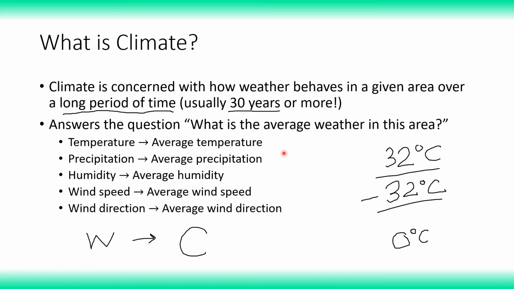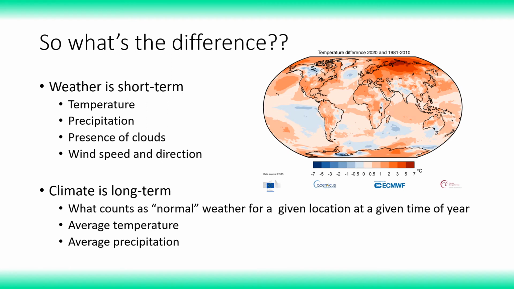And so let's move on to the next slide here, which highlights this difference. So basically, long story short, weather is discussing things in the short term. It talks about temperature, precipitation, cloud cover, wind speed, wind direction, humidity, visibility, all that good stuff.